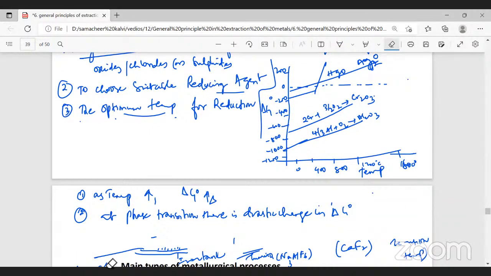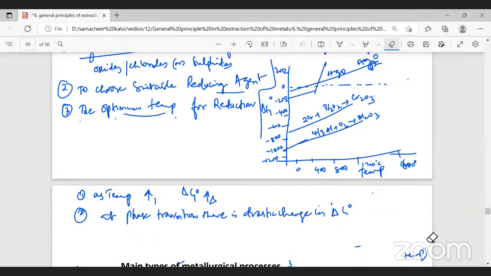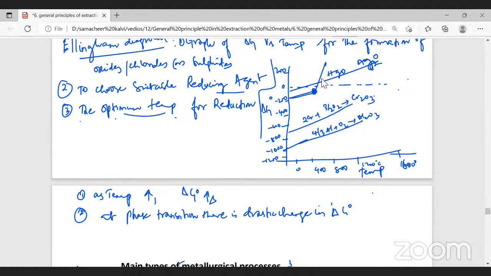Solid to liquid or liquid to gas or any other physical change takes place. That's called a phase transition. So at phase transition, there's a drastic increase in free energy. You can see this is the point. All right. That's the second point.